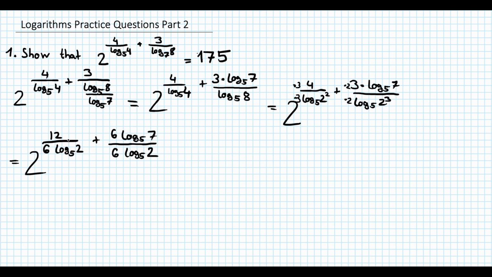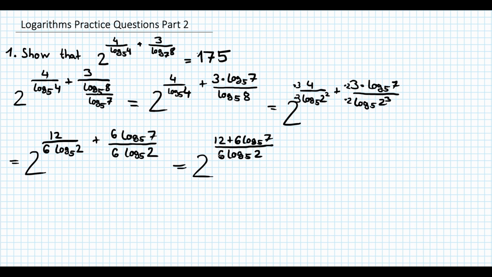Alright, now we can add these two terms together, which will be 2 to the power of 12 plus 6 log base 5 of 7 divided by 6 log base 5 of 2.